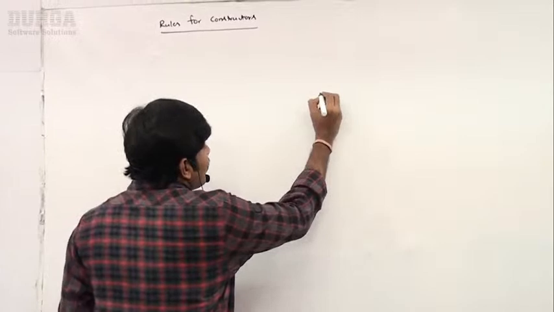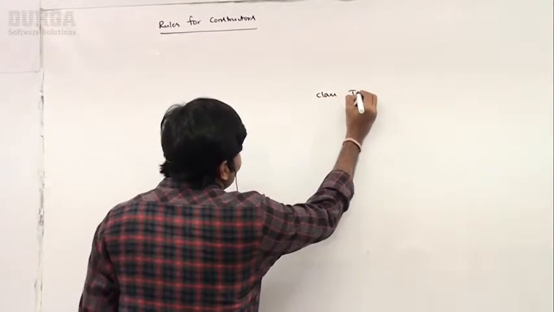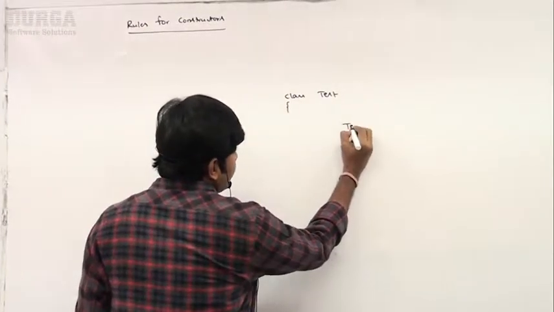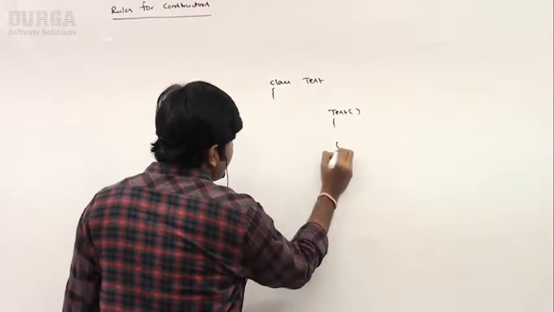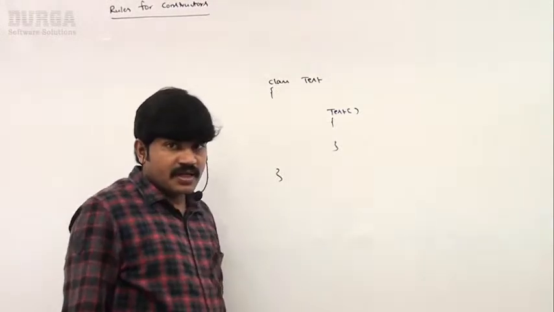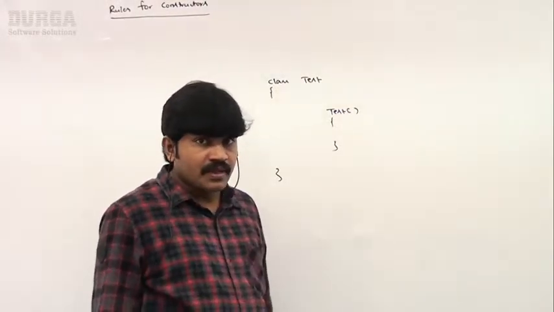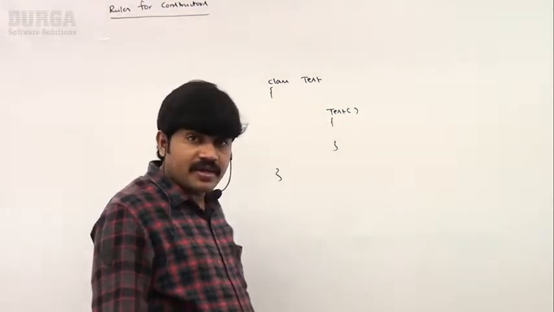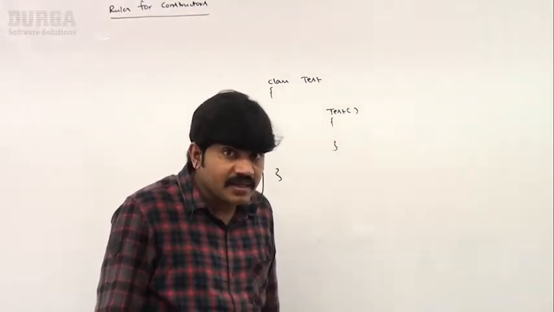Now the third point, observe carefully. Sir, for a constructor, which modifiers are allowed? I am declaring a constructor. Can I take the constructor as public? Can I take it as default? Can I take it as protected, final, static, abstract?